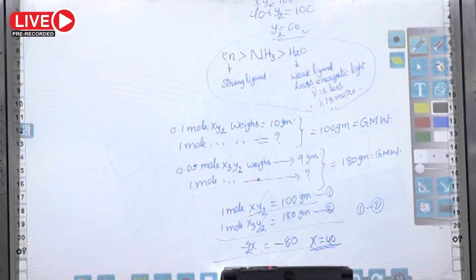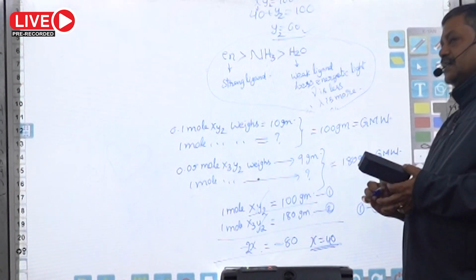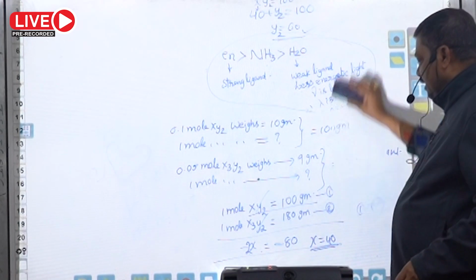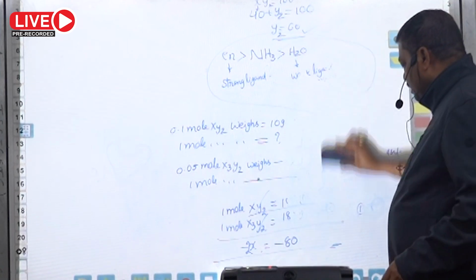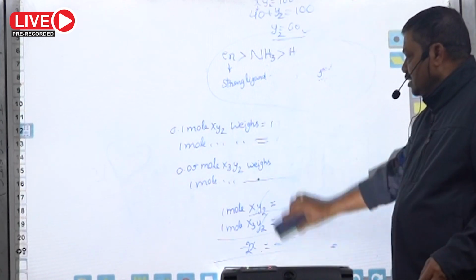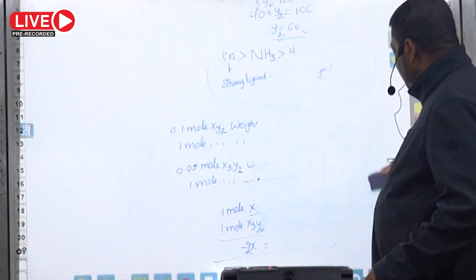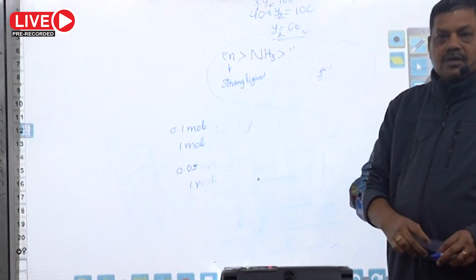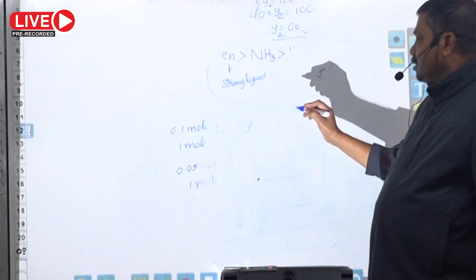64th question. Cyclohexanone undergoes aldol condensation, which is the product formed? Actually, you have to follow a very simple technique. You need not do the entire mechanism and draw all the structures. In 1 minute, you have to answer this question. So, very simple.